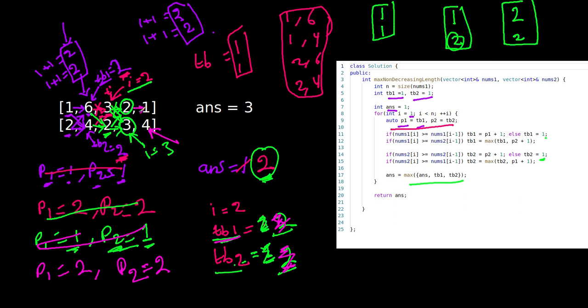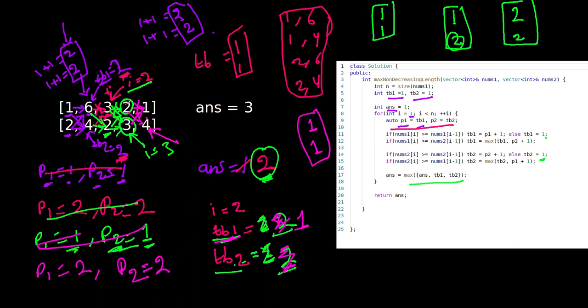From 2 to 1 we cannot go, so we have 1. From 3 to 1 we cannot move, so also we have 1. The maximum is 1, so tb1 is 1. Now let's calculate tb2.